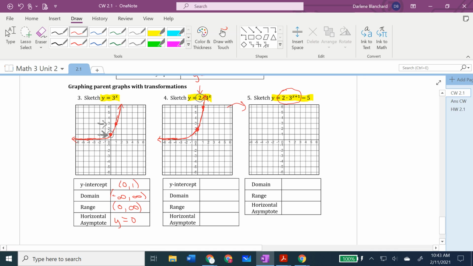And I know that you're familiar enough with the movement that you can look at this and see when x says +1, that means you're going to move left 1. When you see outside the function, not to the x, but to the function, -5, you know that means down 5.